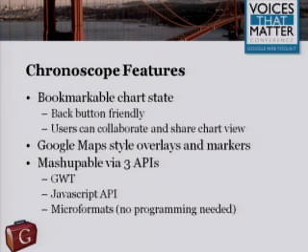So what are some of the other features, right? Well, bookmarkable chart state. If you remember, one of the nice things about GWT is it's got this history token support, and it makes Ajax work with the back button, right? So when you're navigating around the chart, and let's say you zoom into a particular section, let's say the 1929 recession, you see the stocks going down, and you want to send that to a friend and say, hey, look at this particular piece. Look what that stock was doing right then and there.